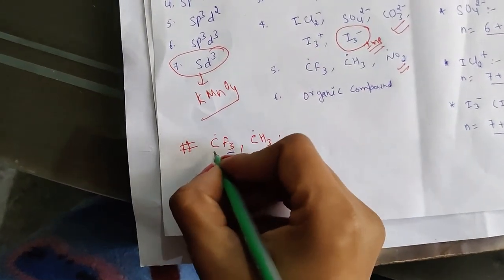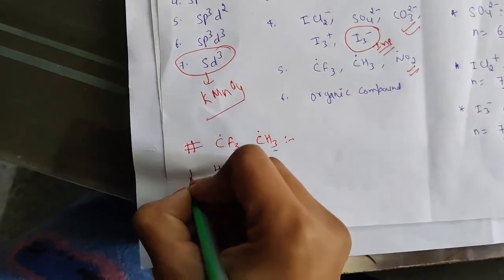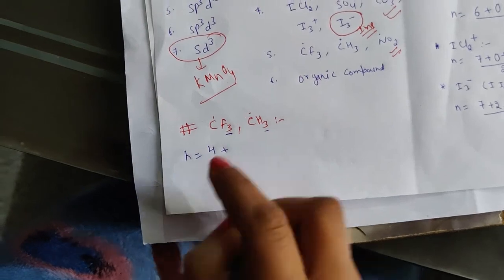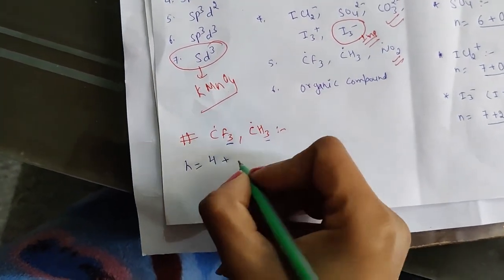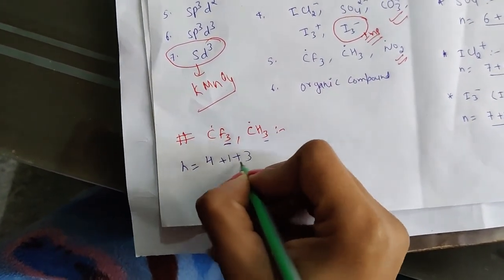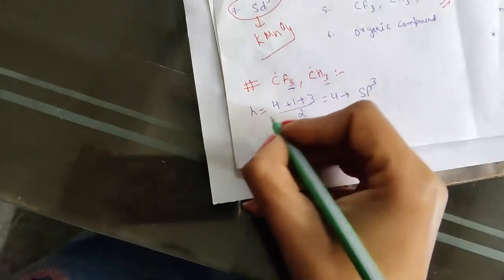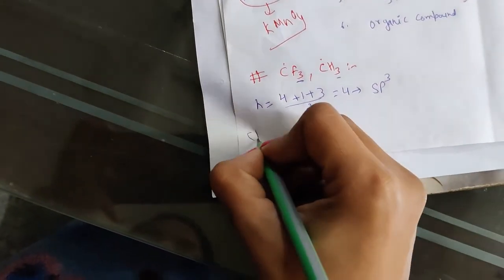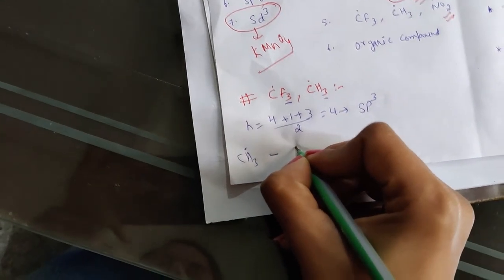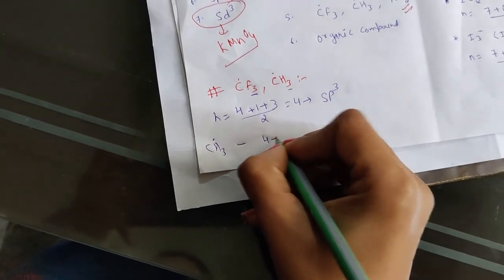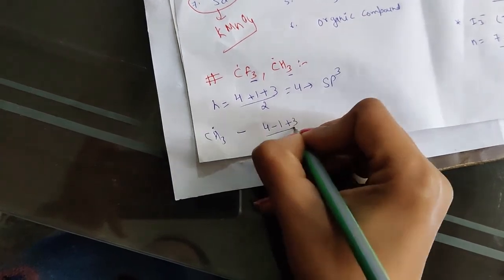So in CF3, the total electron is 4 plus this electron plus side electron, divided by 2. It will come 4, meaning sp3 hybridization. Similarly for CH3, it will come 4 minus 1 plus 3, divided by 2.